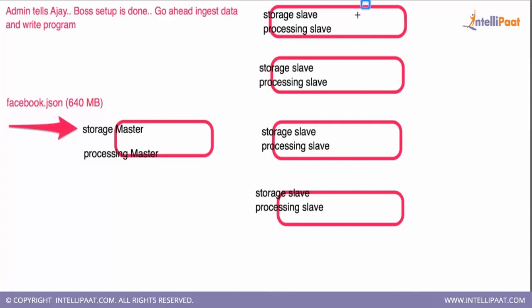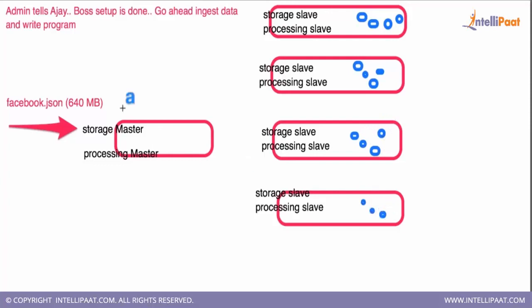So 640 divided by 128 means 5 blocks, and each block is replicated 3 times. That means 15 blocks. 1, 2, 3, 4, 5, 6, 7, 8, 9, 10, 11, 12, 13, 14, 15.